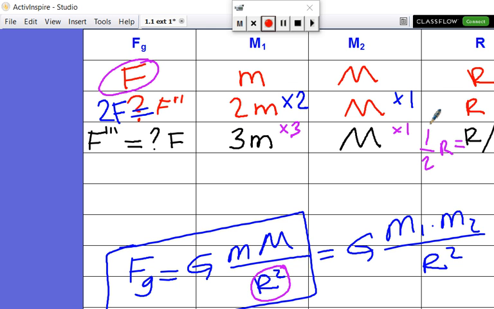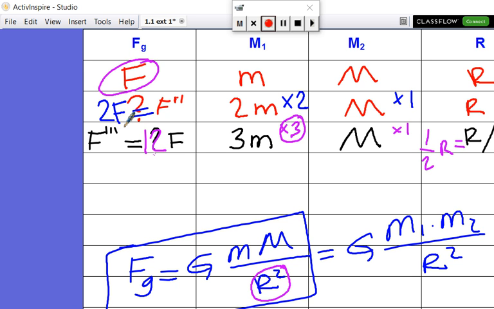So tripling the mass triples the force, and halving the distance quadruples the force. So 4 times 3, the effect will be 12 times the original force.